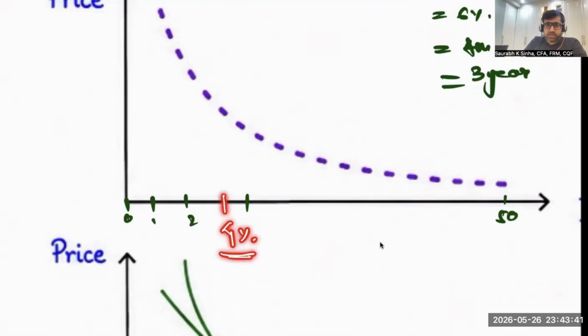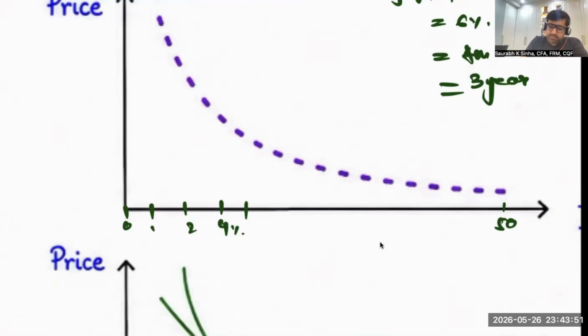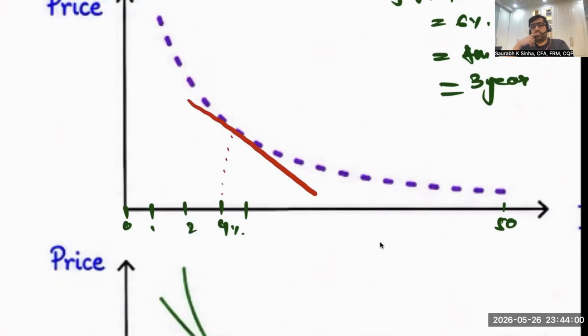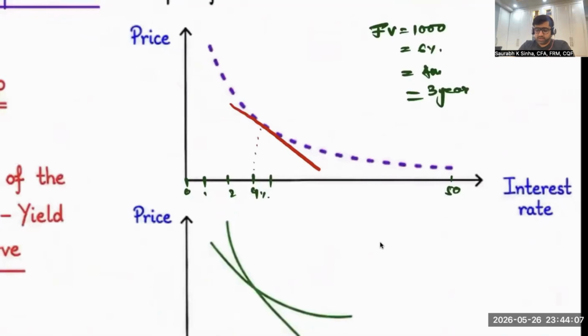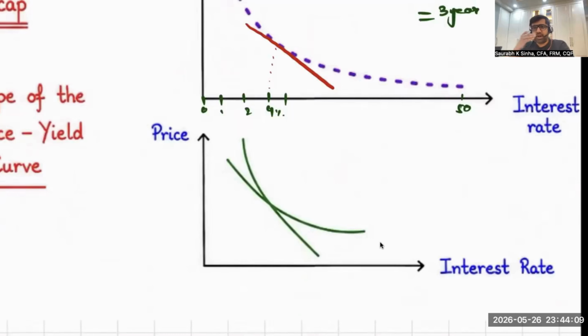So for 4%, I calculate the duration. That duration represents the slope on this curve for 4% interest rate. That is what duration is. It is the slope on the price yield curve for a specific interest rate.